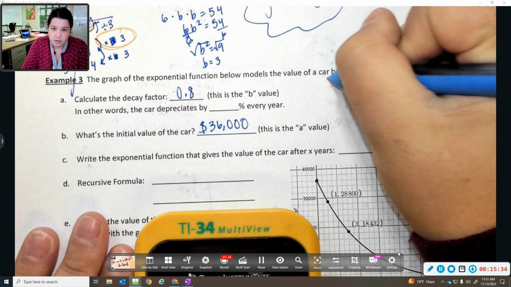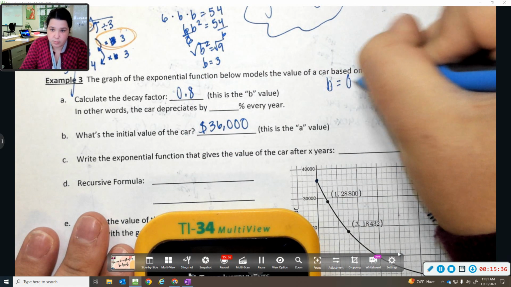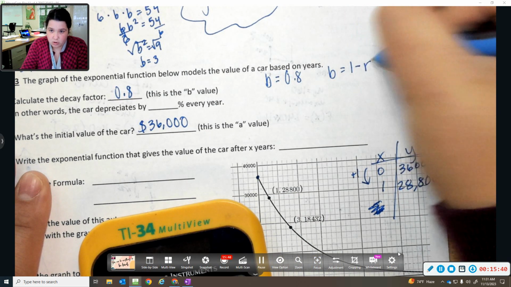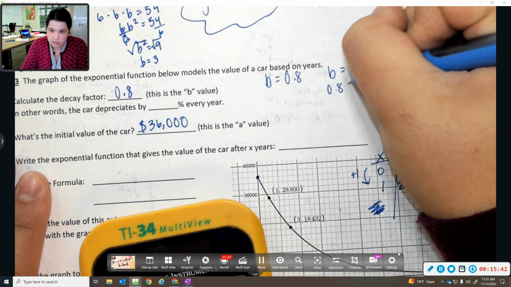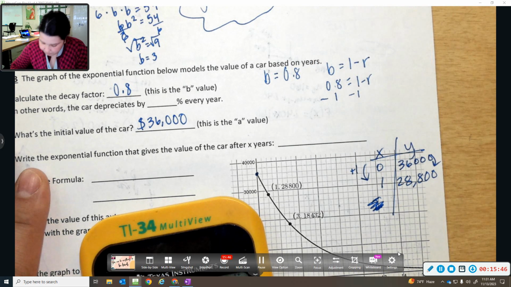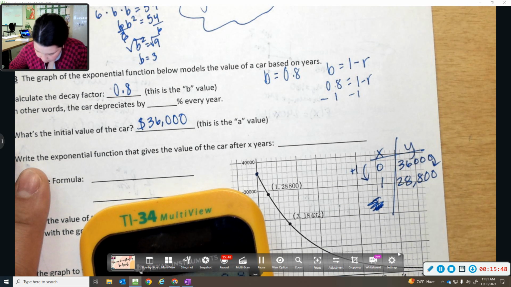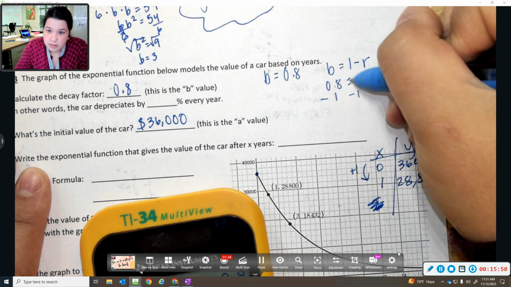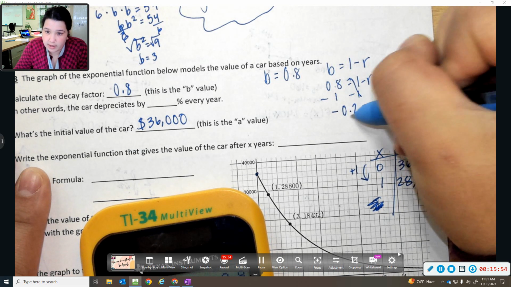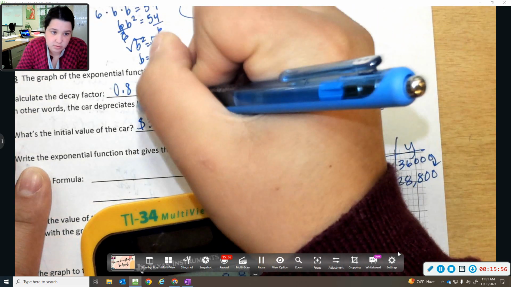That's our B. So remember, B is equal to 0.8, and B is equal to 1 minus R. So 0.8 is equal to 1 minus R. We're going to subtract 1, and we're going to get negative 0.2 equals negative R, divided by a negative on both sides. So R is equal to 0.2.